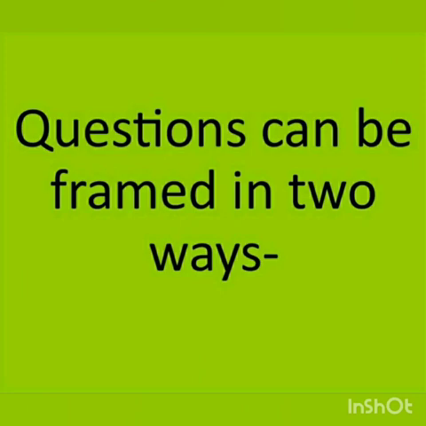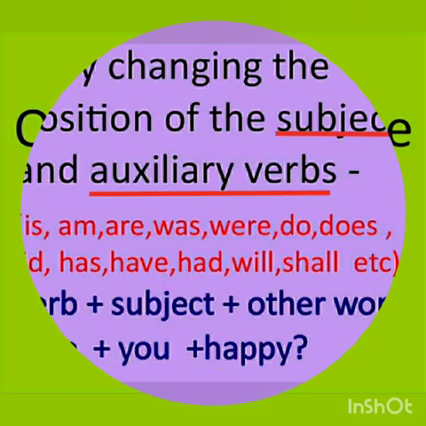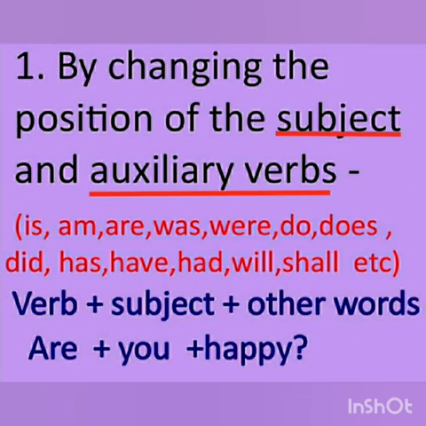These questions or interrogative sentences can be framed in two ways. The first one is by changing the position of the auxiliary verbs and subject. So what are these auxiliary verbs?